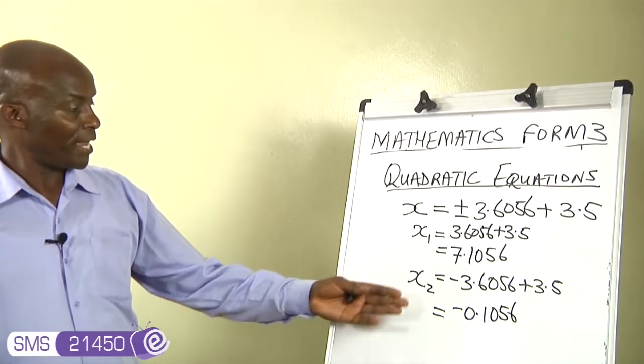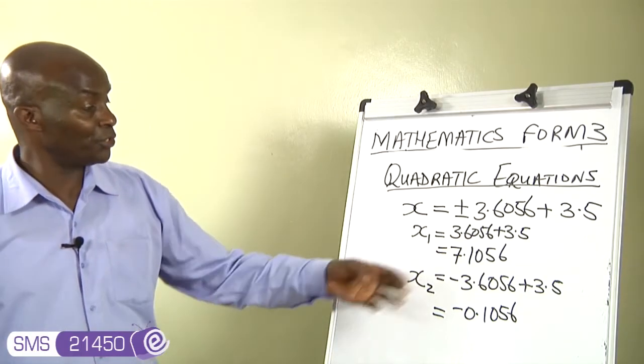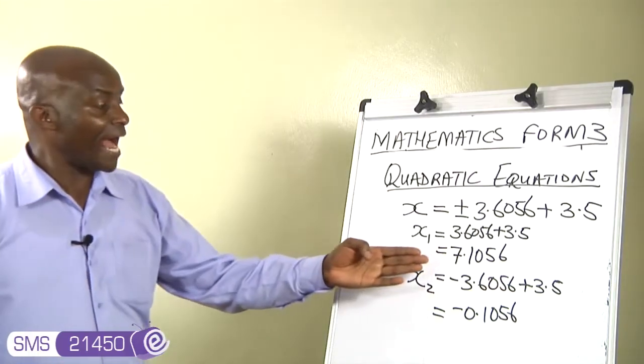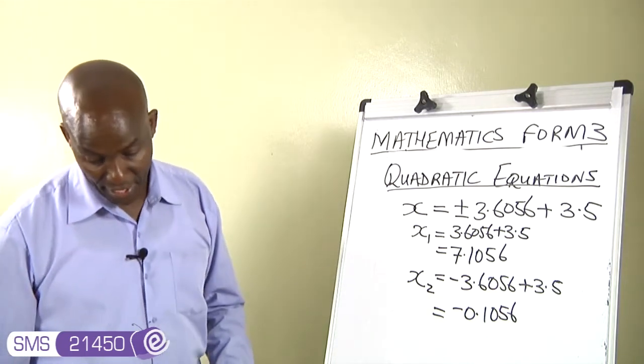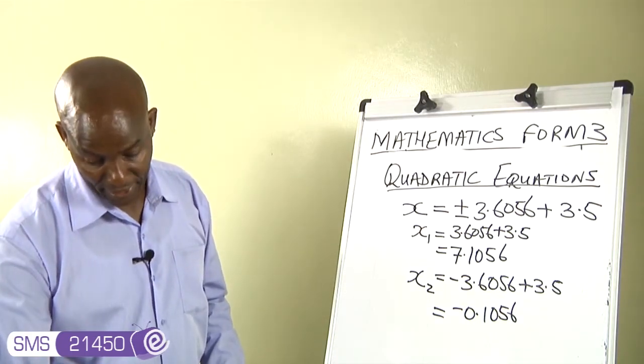So there we have the two solutions. And these are real roots, which can be read off from a calculator.